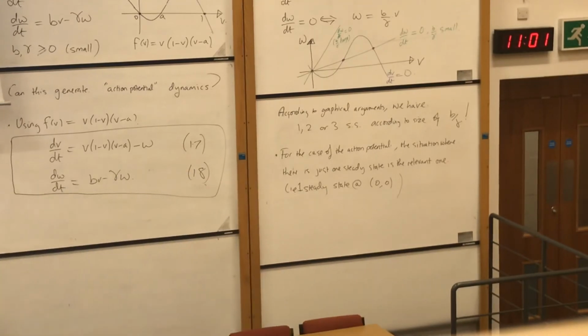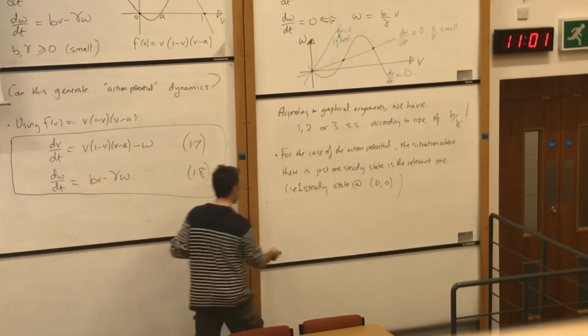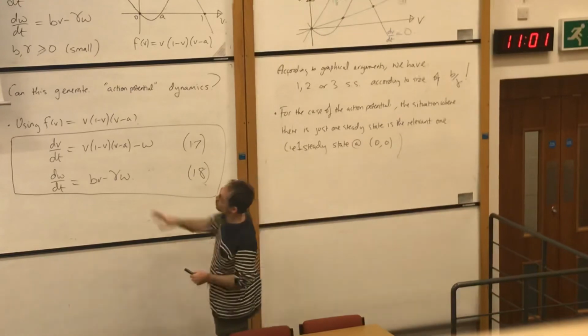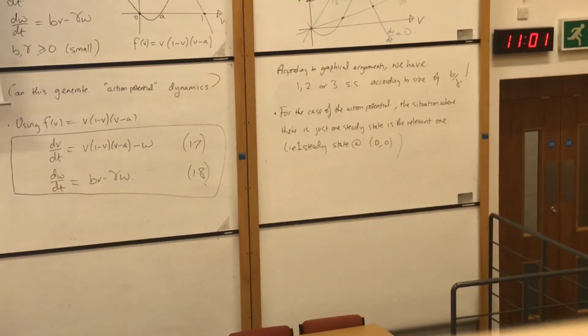More generally for neural signaling, the other cases where there are potentially three steady states can also be relevant. I'm just saying that for this particular case, where we're trying to describe these action potential dynamics, it's the case where there's just one steady state which is relevant.